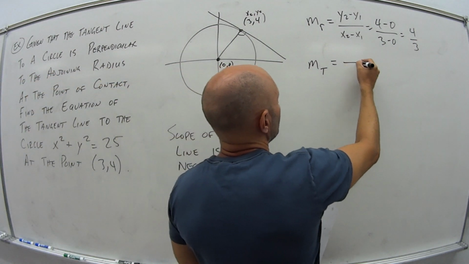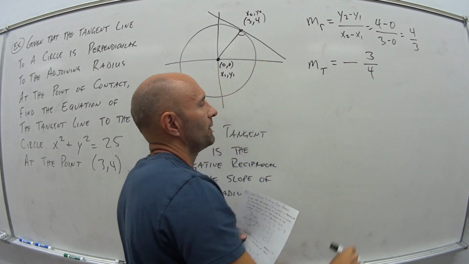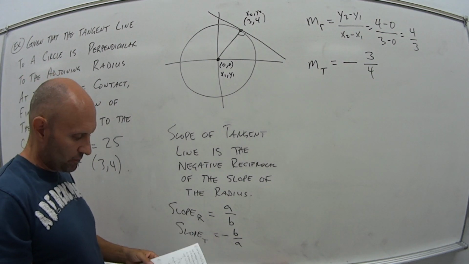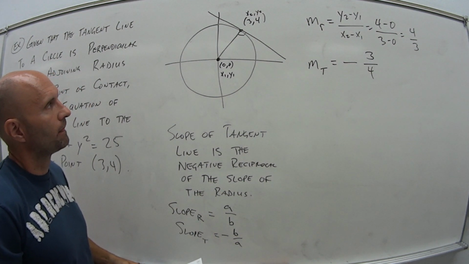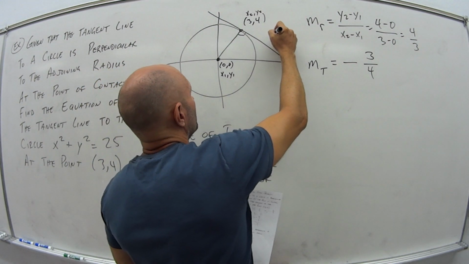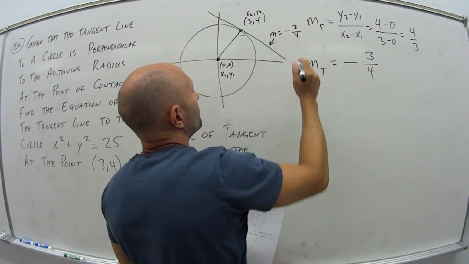So that's negative 3 over 4. I just flipped that number. 4/3 is now 3 over 4, and it has to be negative. Now I know the slope of this line is equal to negative 3/4.